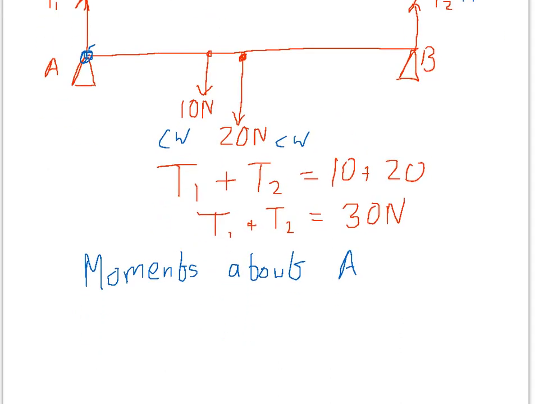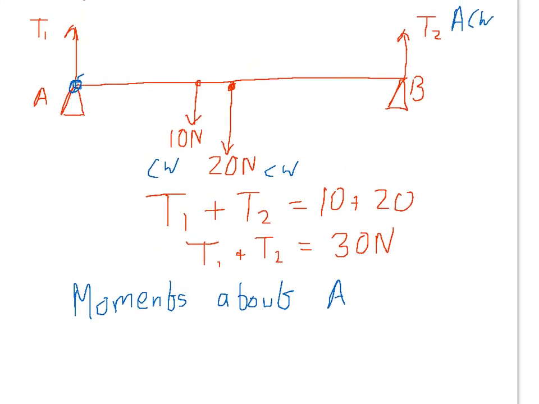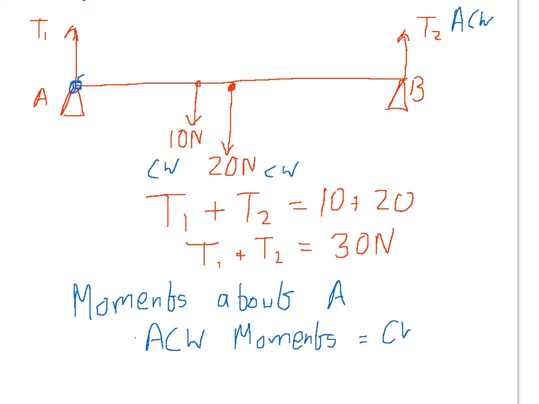Right, when solving a question like this, you need to find the clockwise moments and the anti-clockwise moments, and they're going to be equal to each other because there's no turning effect here. So, the clockwise moments are equal to the anti-clockwise moments.